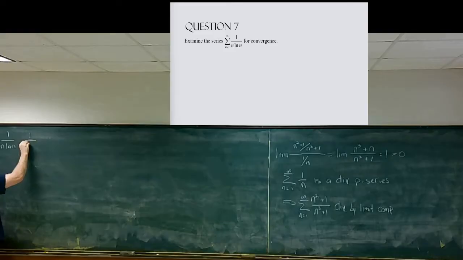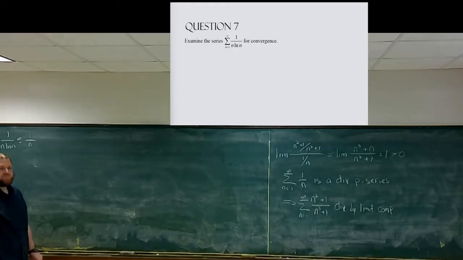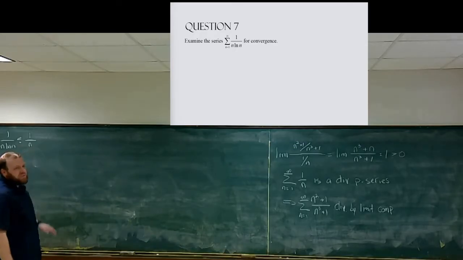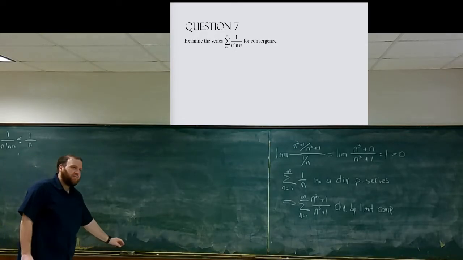How do they compare? Which one's larger? 1 over n. What does 1 over n do? Diverges. Doesn't tell us anything. You found a larger divergent series, which doesn't say anything about the original.